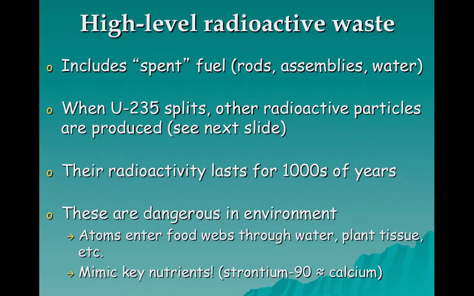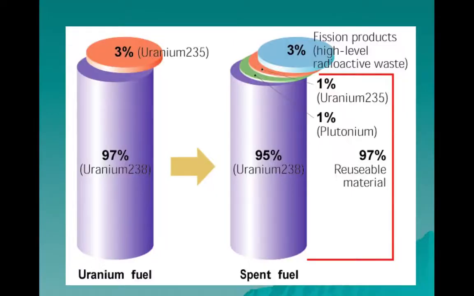It can also mimic key nutrients. Strontium, for instance, acts like calcium in our body. Our body thinks it's calcium, so it incorporates it into our cells. And once it damages the DNA, that can cause cancers and malformations and that sort of thing.